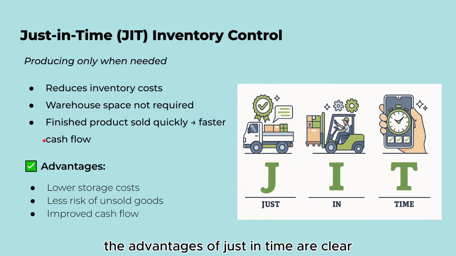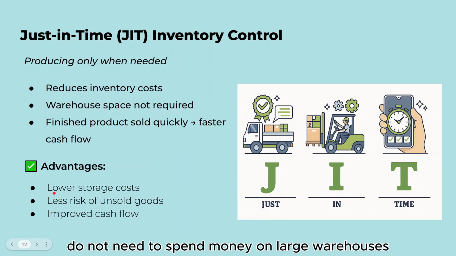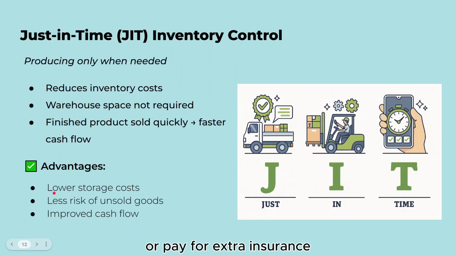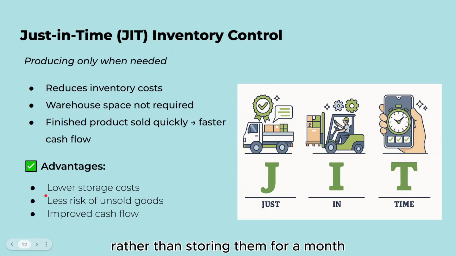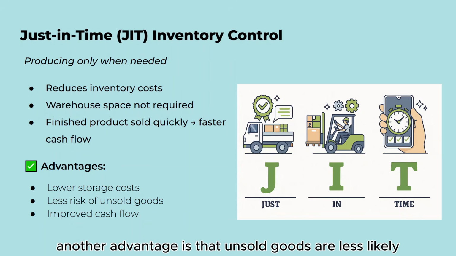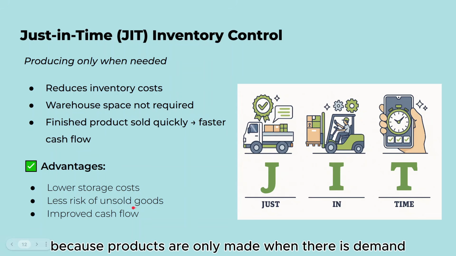The advantages of just-in-time are clear. Lower storage costs mean businesses do not need to spend money on large warehouses or pay for extra insurance. For example, a car manufacturer can receive parts daily rather than storing them for months, saving space and money. Another advantage is that unsold goods are less likely, because products are only made when there is demand.